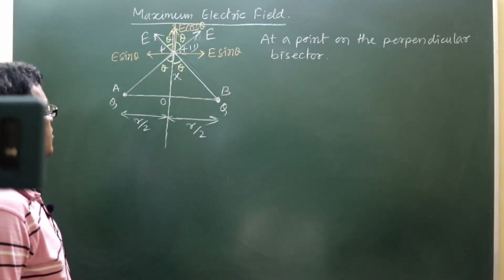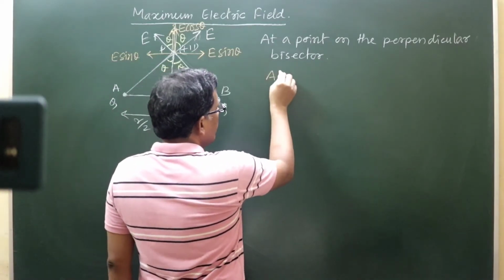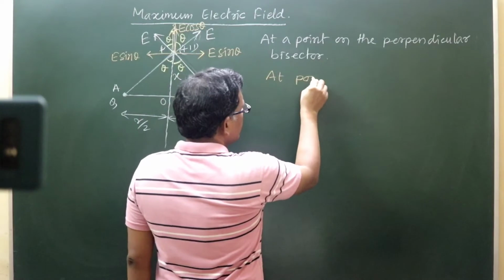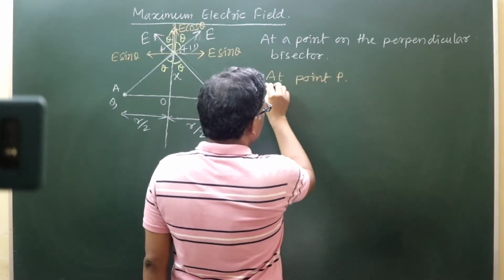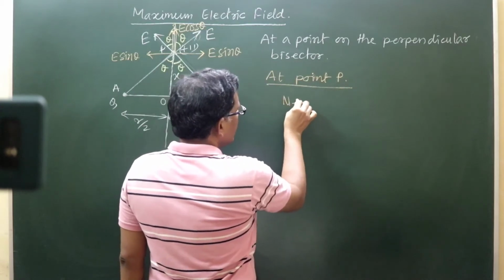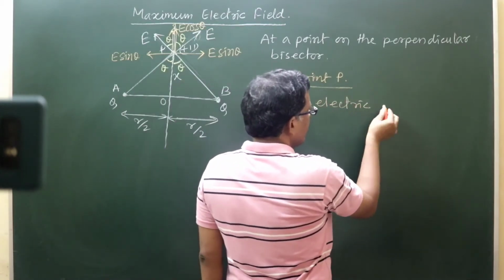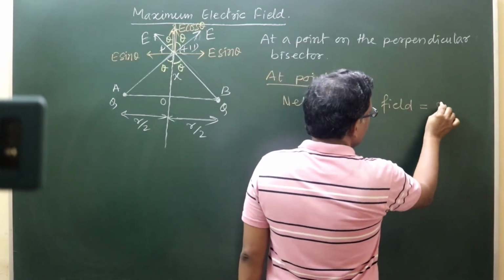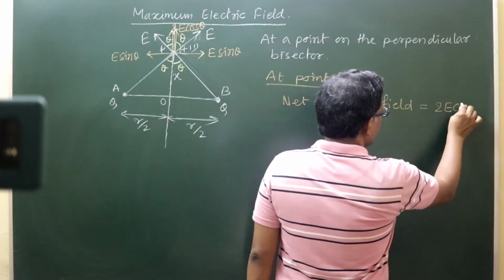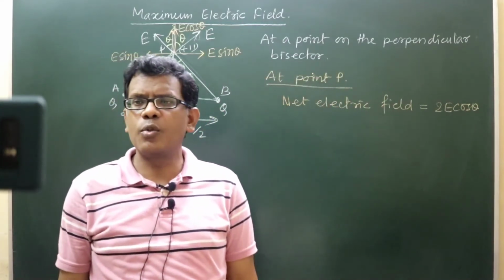So at point P, the net electric field can be 2E cos theta, because the E sin theta components will definitely get cancelled out.